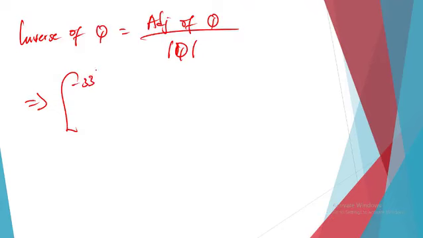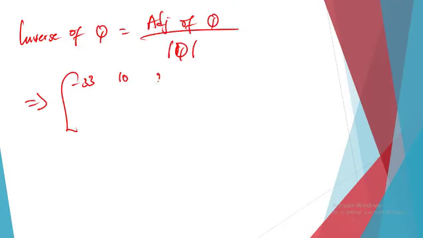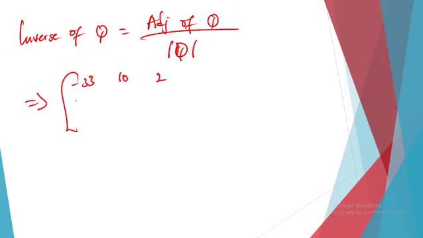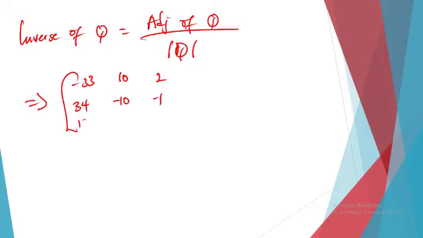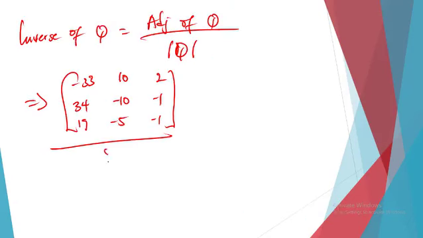Minus 33, 10, 2, 34, minus 10 and minus 1, 19, minus 5 and minus 1. Then all over our determinant, which is 5. So we have all over 5.